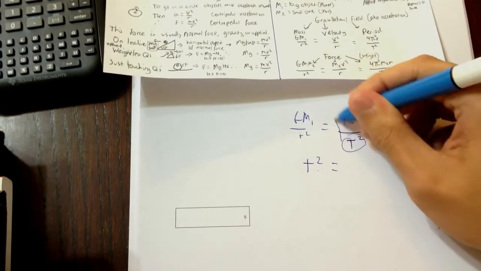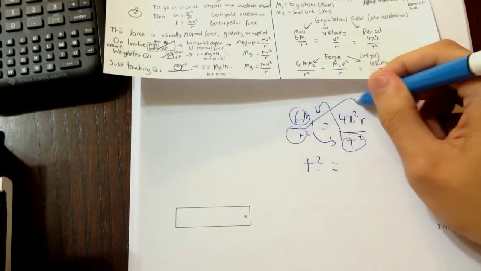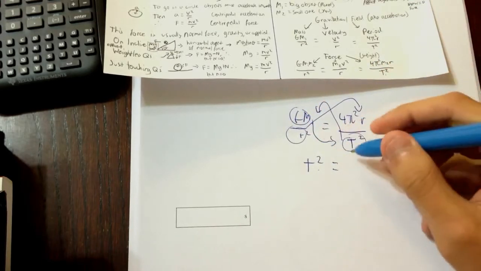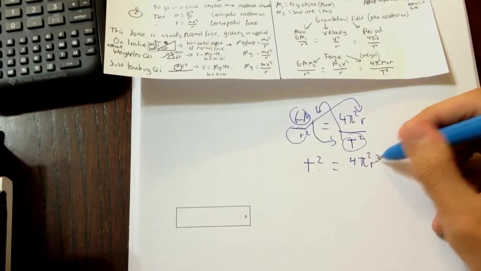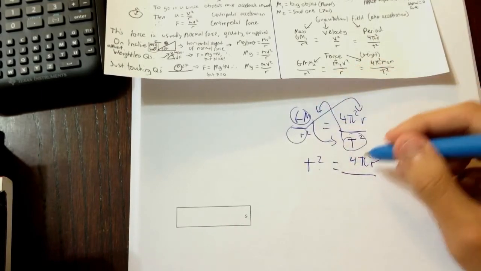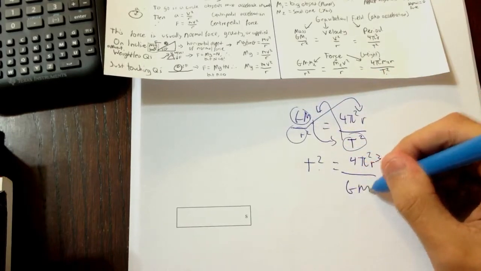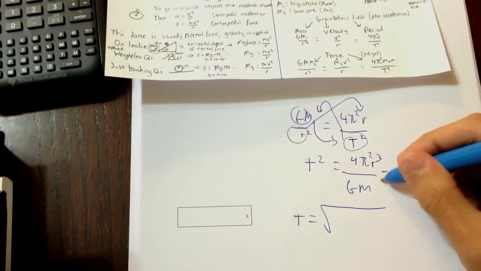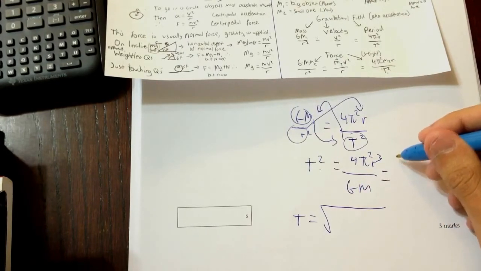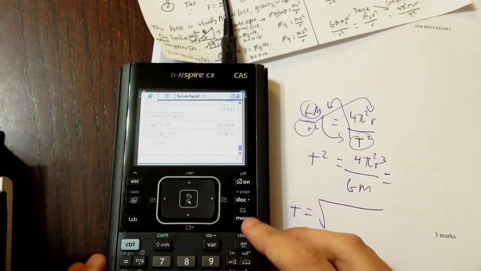I'm bringing this up to there, bring this down to here, bring that over to there. That's how you do maths. If some of you are a little bit confused by that, you just have to practice it. So the T squared's up there and the GM's down the bottom. For T, it's the square root of this junk. What is this junk? I don't know. But let's try and do it, because it's pretty complicated to do sometimes.